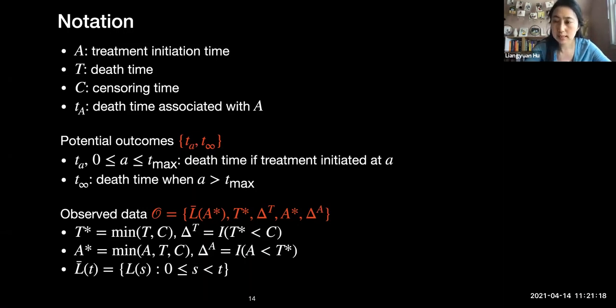Between T and C, death time and censoring time, there's a minimal observed time point, T star, and corresponding event indicator. We use L bar of T to denote the covariate history up to T, but not including T.